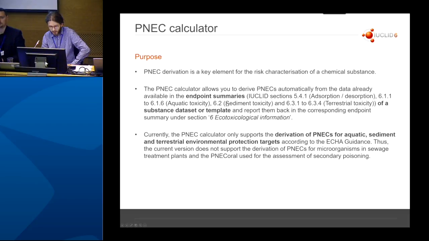And once you have filled in the information, you can also summarize the outcome of the study results in what we call endpoint summaries. So you can summarize what is the effect on algae, what is the effect on sediment organisms or other aquatic organisms. And you can also summarize the adsorption and desorption study results in these endpoint summaries.